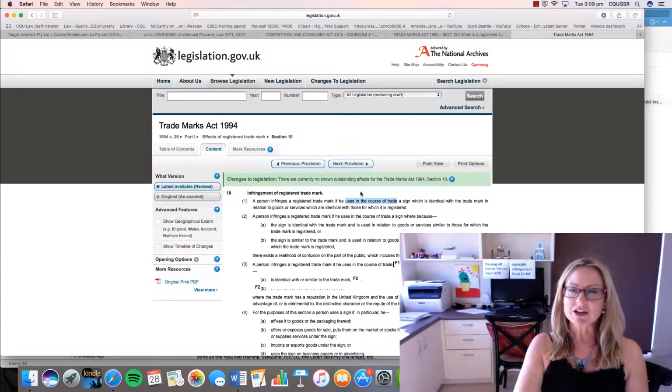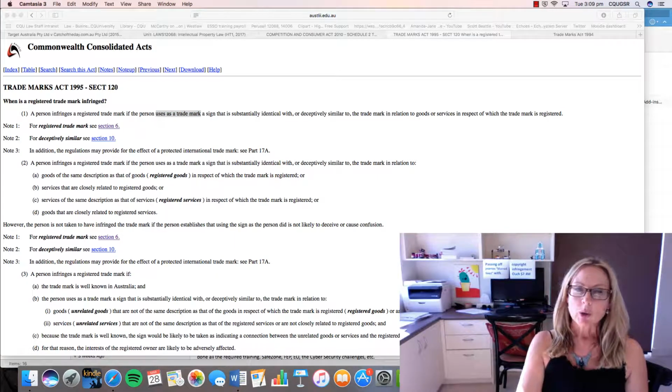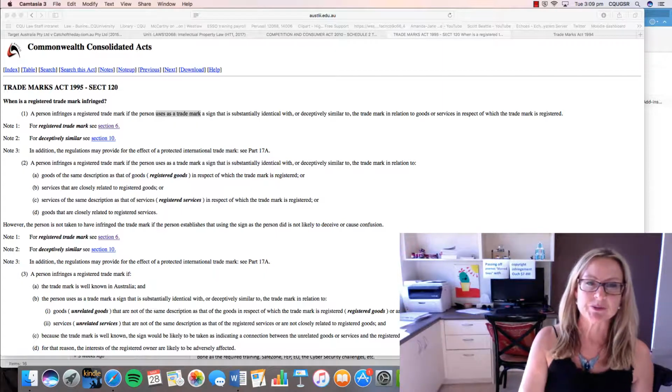So there's no actual requirement that you can see here of use as a trademark in the course of trade, unlike our legislation. Okay, so where you can't show that there has been use of a mark as a trademark, you're going to run up against problems with your infringement action.